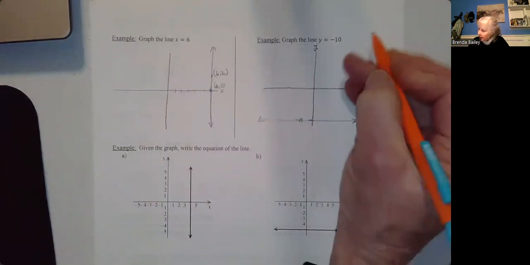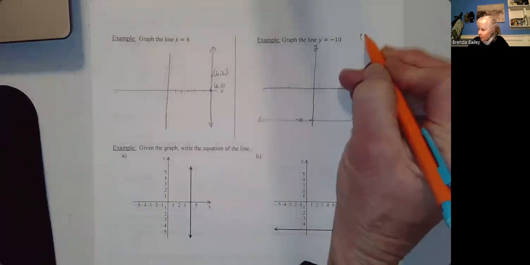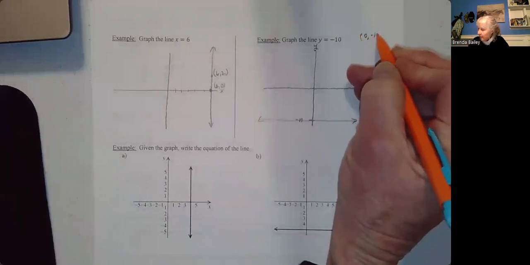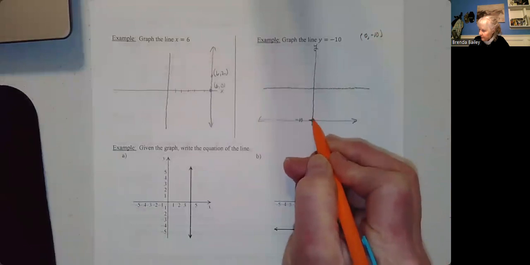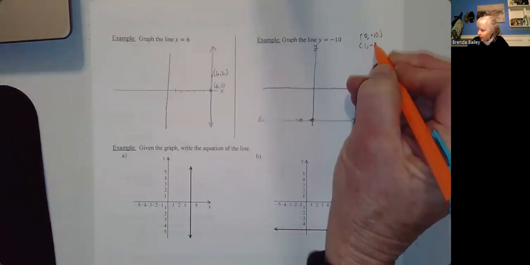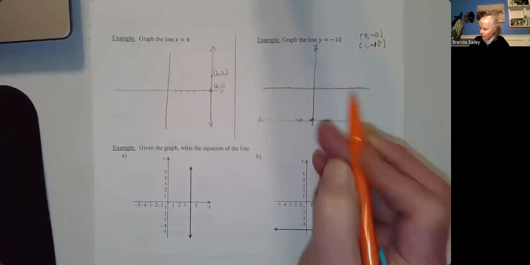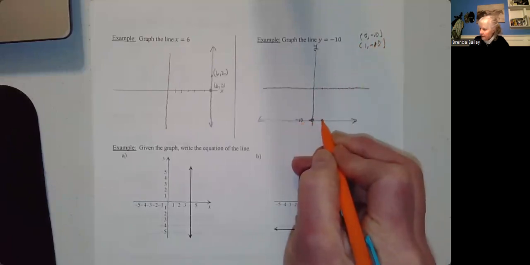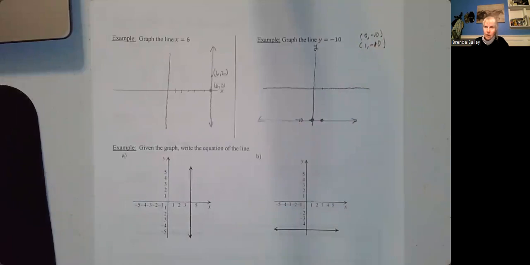And this just means that x can be anything. And you could go (0, negative 10), which is this point. You could do (1, negative 10), which is this point right here. So, a couple of points there.